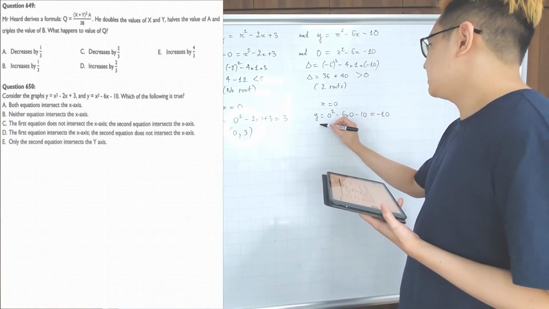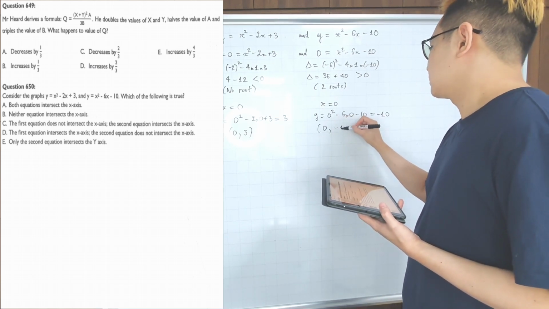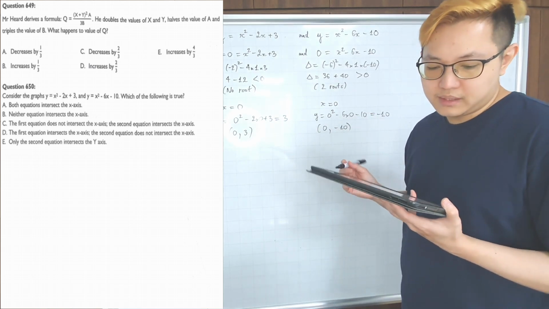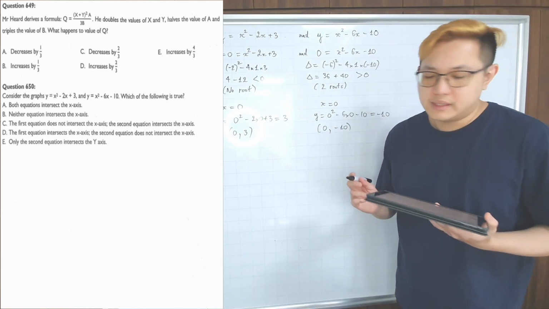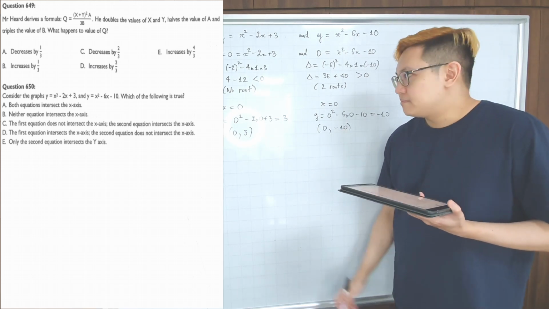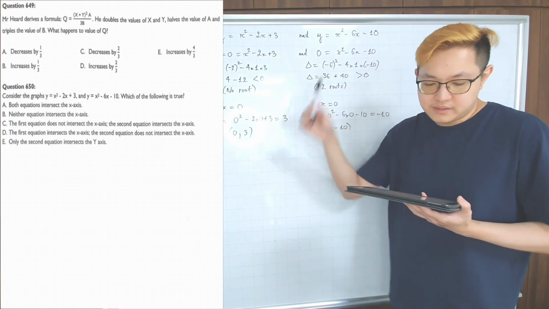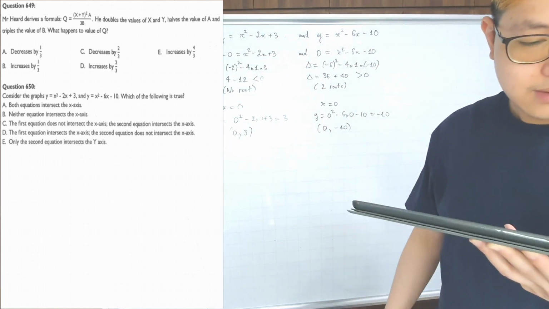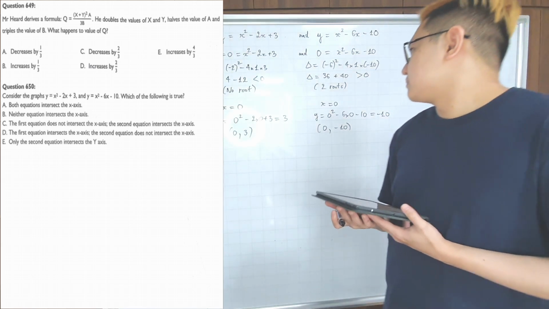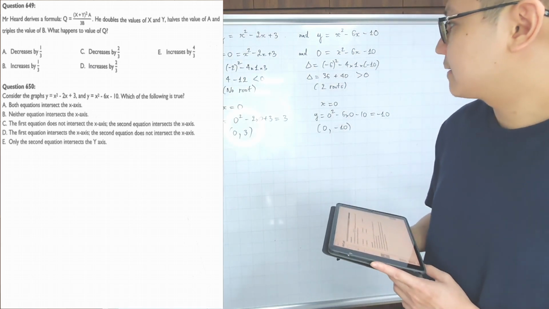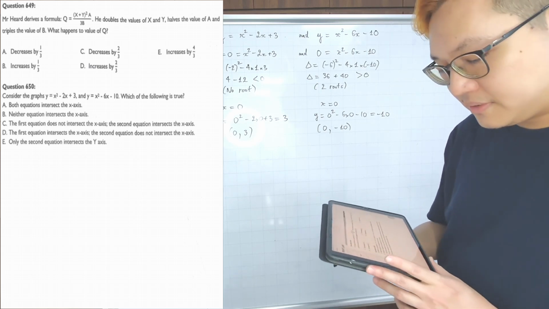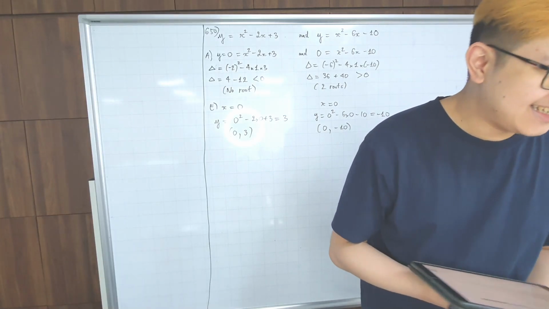Kiểu gì cũng có hai điểm mà. One way another you have 2 points, right? So E is wrong. Kiểu gì cũng có hai điểm, cả hai là đều cắt hết, được E hết. Both of these graphs intersect, so E is wrong. Okay, so the answer is C. Can you check, please?